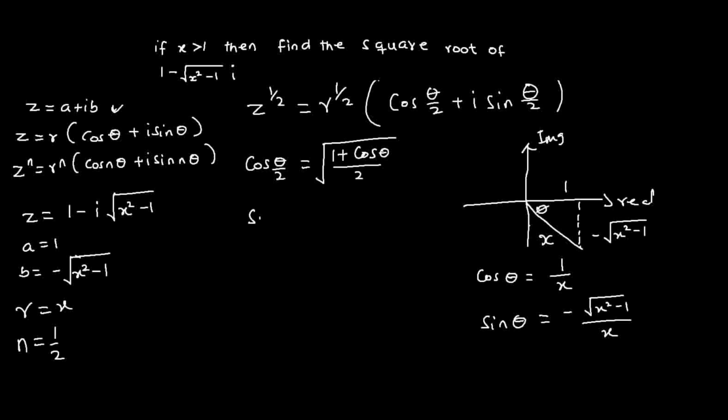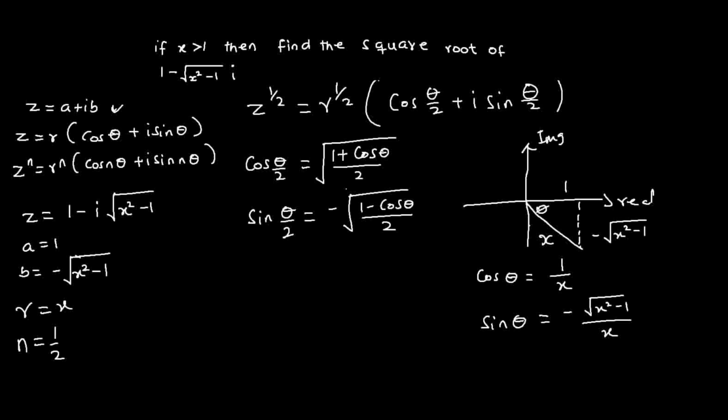And the sine of theta on 2 is equal to minus the square root of 1 minus cosine theta, divided by 2. These are the trig identities for cosine theta on 2 and sine theta on 2.